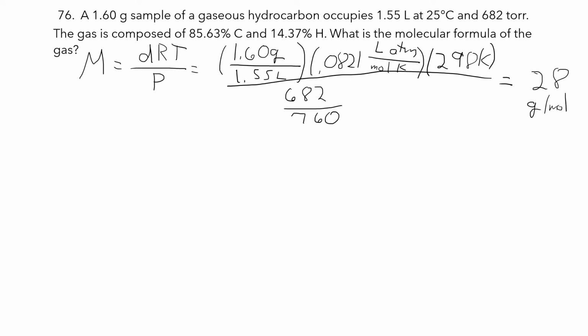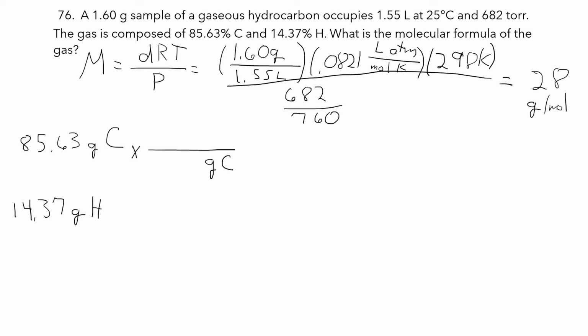Let's take a look at that percent composition data. To find the empirical formula, we assumed that we had 100 grams of each substance, so those percentages became directly gram amounts. So we have 85.63 grams of carbon, and we have 14.37 grams of hydrogen. We need to convert these to moles because formulas are always written in terms of moles.